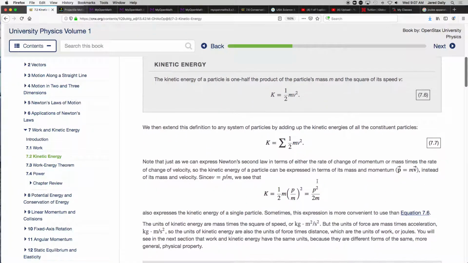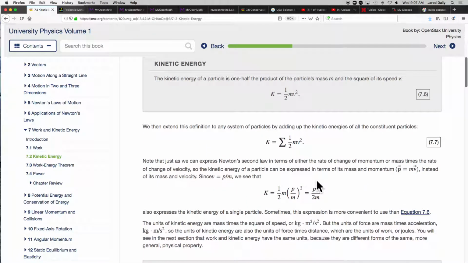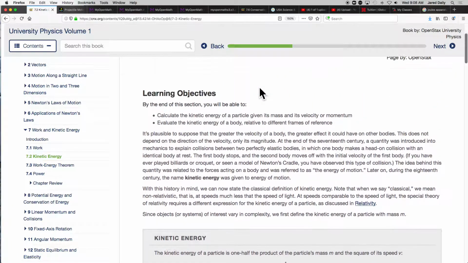And then in the second section, we went ahead and learned about kinetic energy. Now this equation, kinetic energy equals 1/2 mv squared, where v is your speed essentially in any given direction. This is a formula that is derived from calculus.